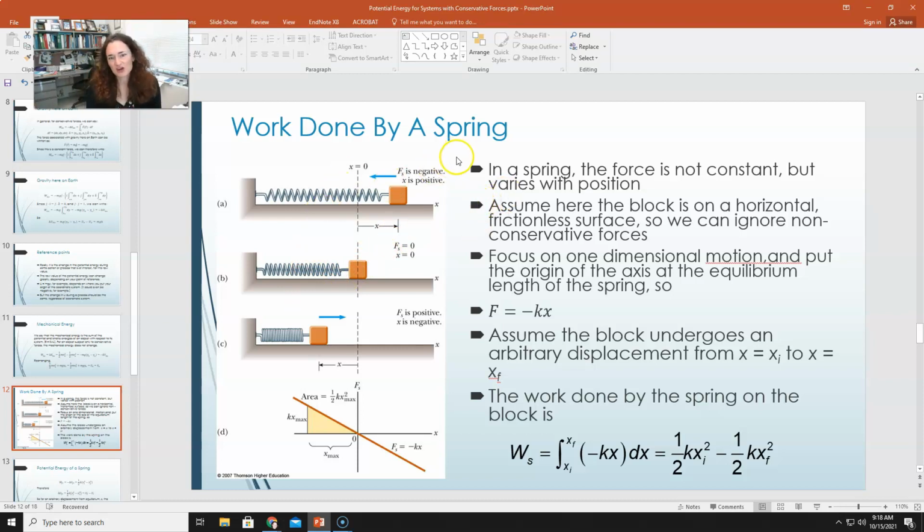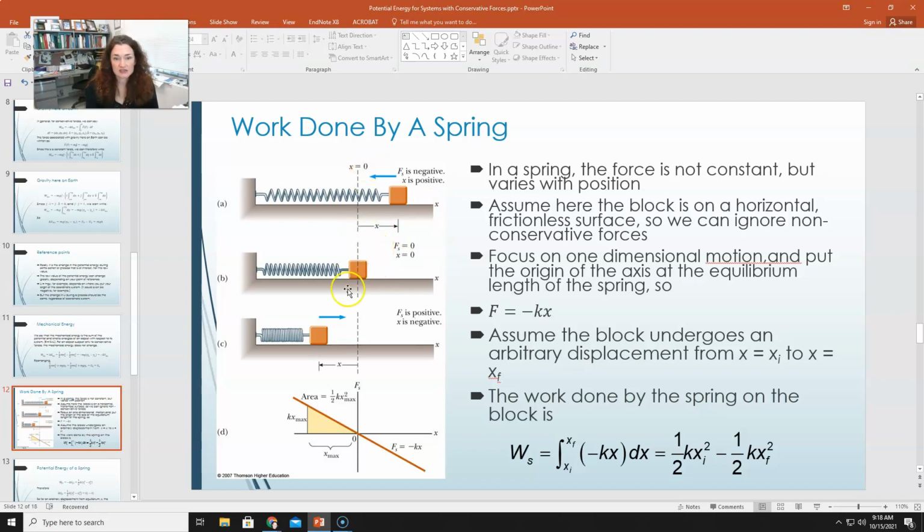Remember that Hooke's law says that for this little 1D problem, the force is equal to the negative spring constant, k, times the displacement of the mass from its equilibrium position. The equilibrium position here would be the unstretched length of the spring.